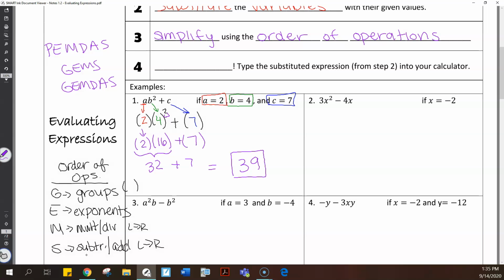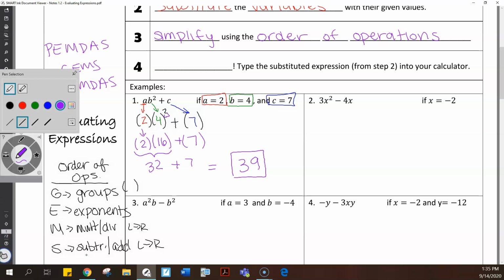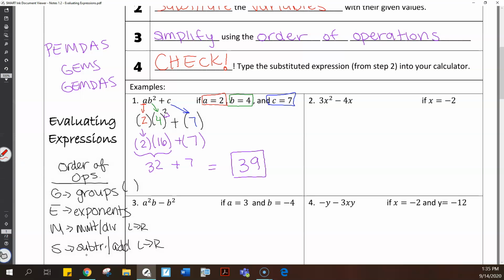Now, the last step that I always include is to check this. Particularly because we have fancy TI graphing calculators and fancy graphing Desmos that we can use to do this. I like to take the 1 second step to make sure that I did this correctly.